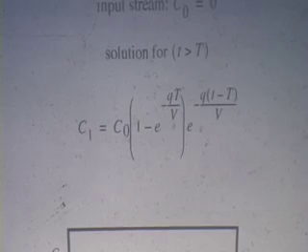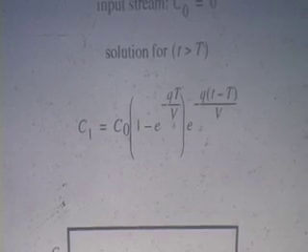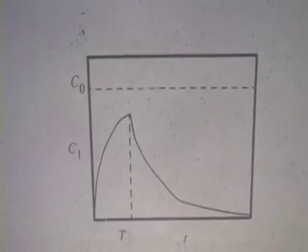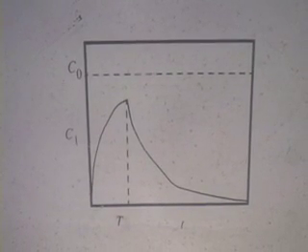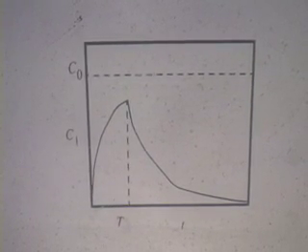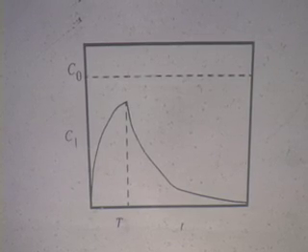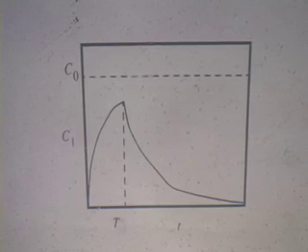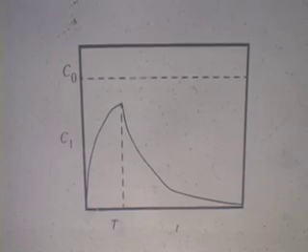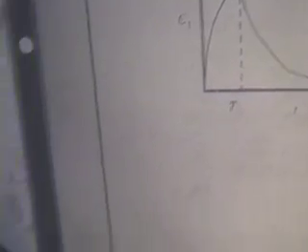So we know at time t equal to 0, what should the answer C1 be? 0. So if I put t equal to 0 in here, what do I get? e to the 0 is 1. So I get what? 0.